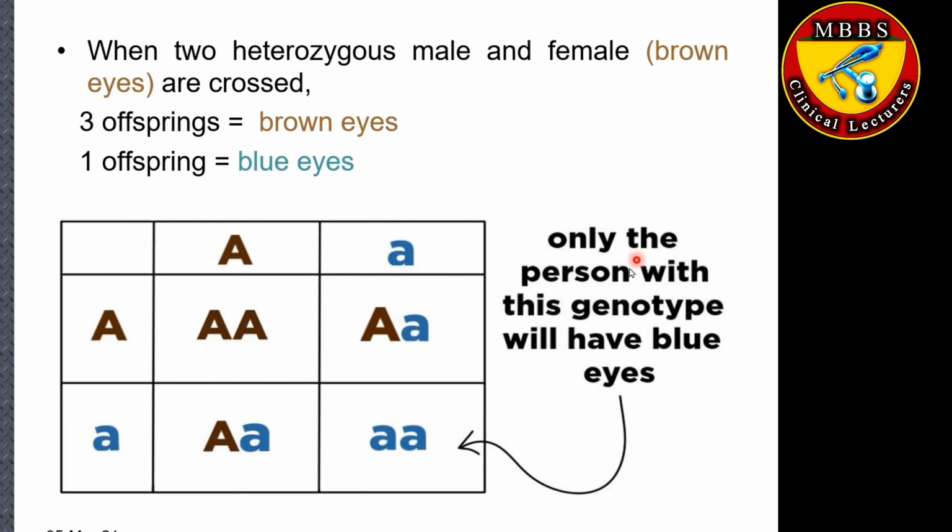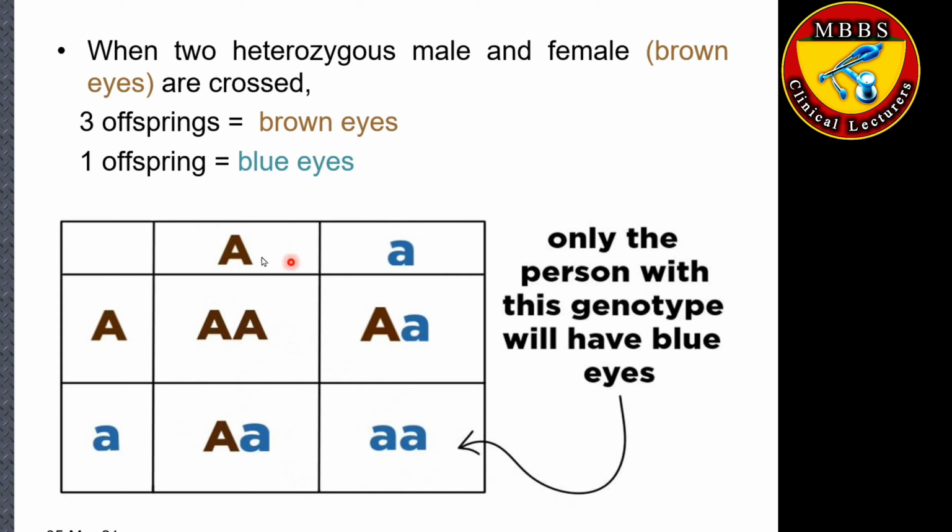So only the person with this genotype, recessive, will have blue eyes. Please remember how it is inherited. The heterozygous parents produce 3 offspring with brown eyes and 1 offspring with blue eyes.